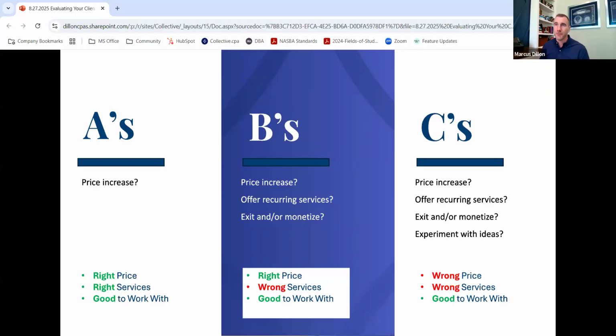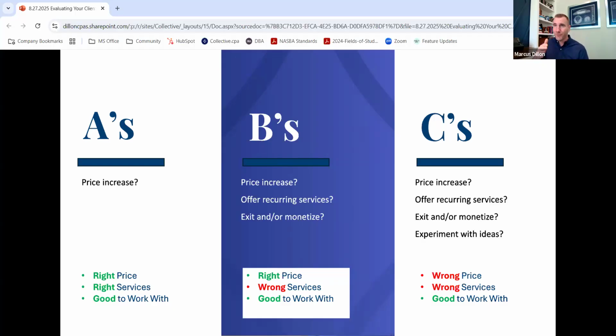But what we're seeing from collective members is probably a 15 to 20% price increase for tax and bookkeeping, accounting. You have to evaluate that for yourself, if that's appropriate or you feel you're already at market or north of market. But for a lot of folks, they're thinking that 15% is where they're going to be.